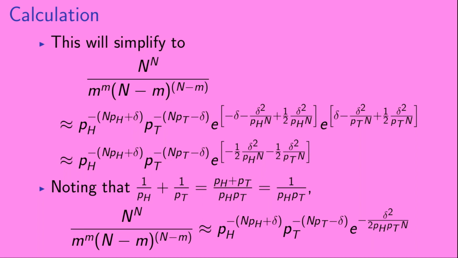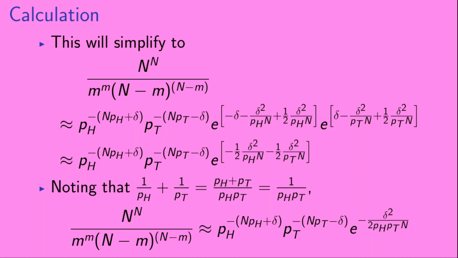Next, we can note that 1 over pH plus 1 over pT equals pH plus pT over pH pT, which just equals 1 over pH pT.